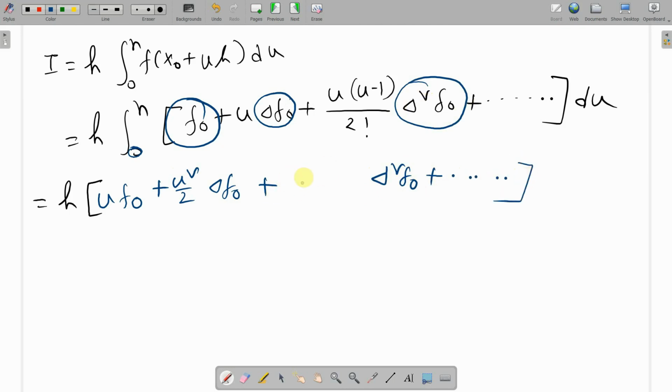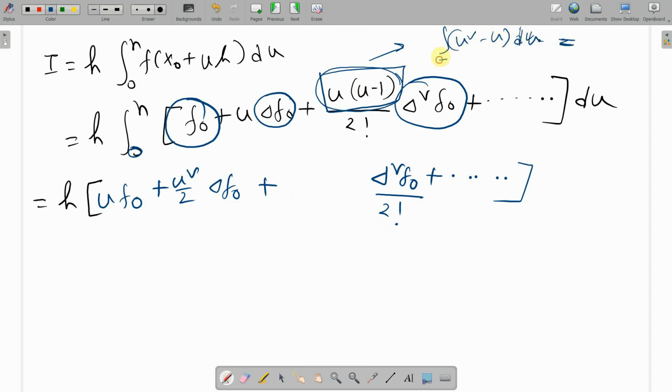Okay, tell me the value. I'm keeping 1 by 2 factorial here. Now you have to only integrate this part. If I take only this part, this will be the integration of u square minus u du. Am I right?